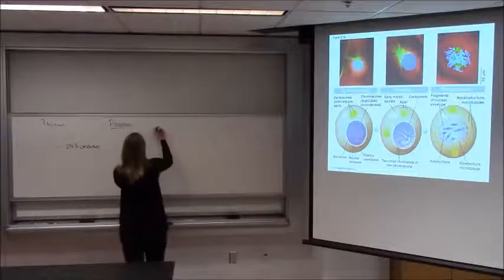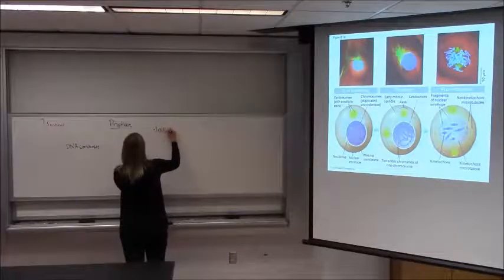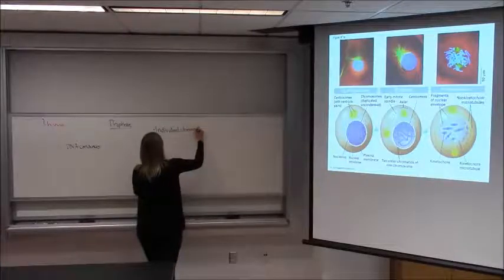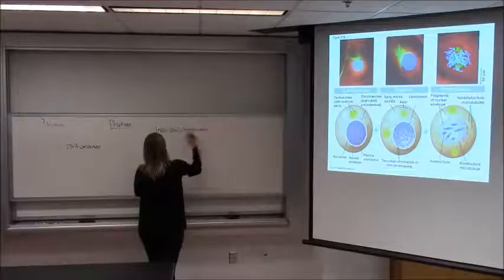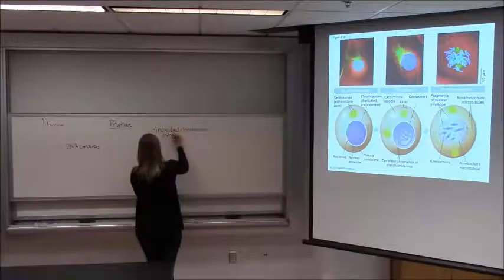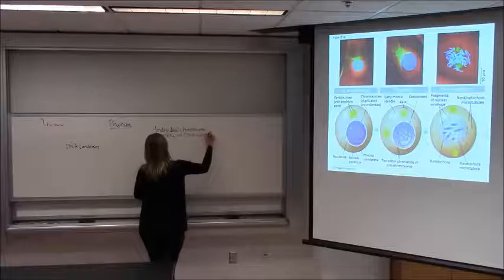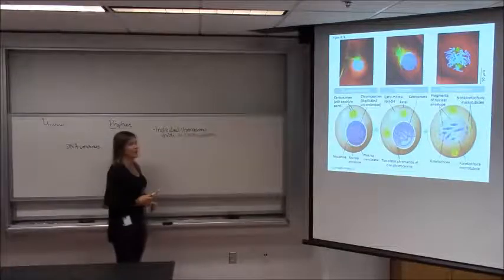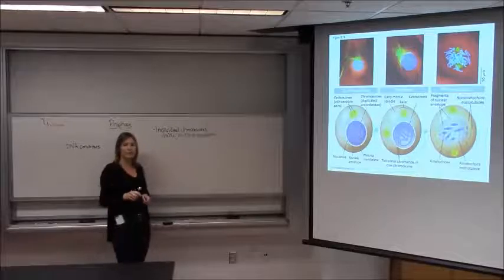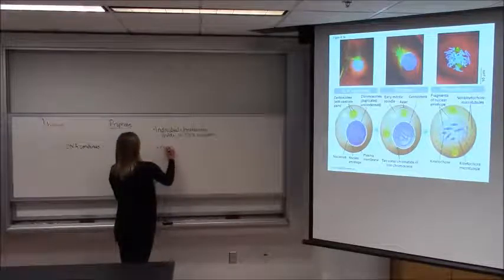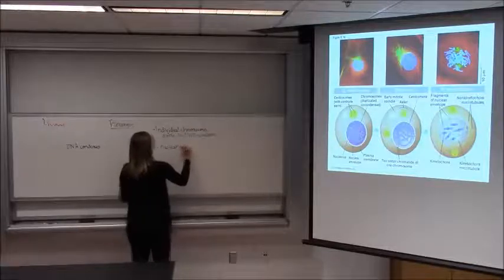Okay, so prophase: individual chromosomes are visible as the DNA condenses. The other thing that's going to start happening is that the nuclear envelope is going to start fragmenting and breaking down. So the nuclear envelope breaks down.